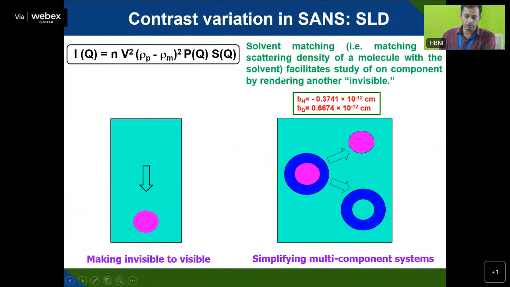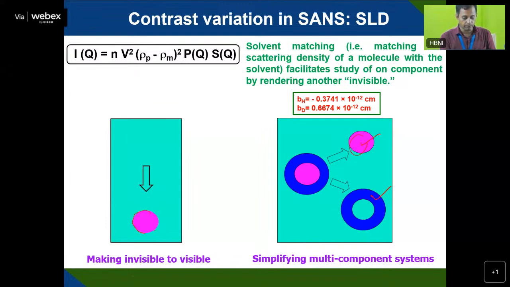You can see here how contrast variation works in case of SANS. Using this equation, you can make something go from invisible to visible. Like here you have a core-shell structure, the pink and the blue. Depending on which one you want to see, you choose a particular solvent that matches the contrast of the other.